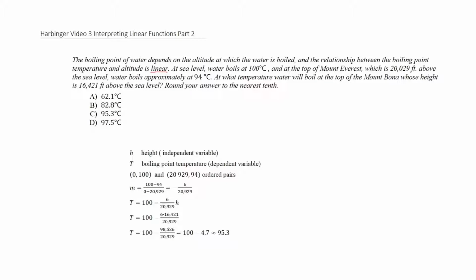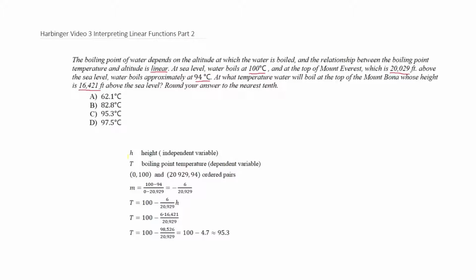At sea level, water boils at 100 degrees Celsius, and at the top of Mount Everest, which is 20,029 feet above sea level, water boils at approximately 94 degrees Celsius. At what temperature will water boil at the top of Mount Bonner, whose height is 16,421 feet above sea level? Round your answer to the nearest tenth, and we are given a bunch of temperatures.